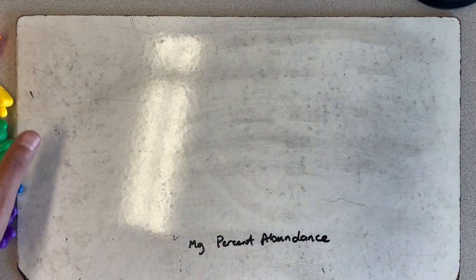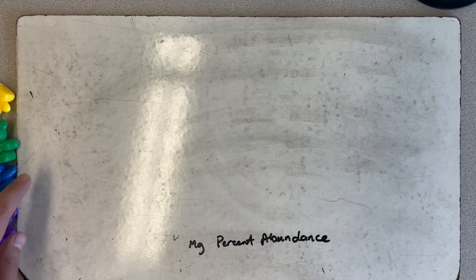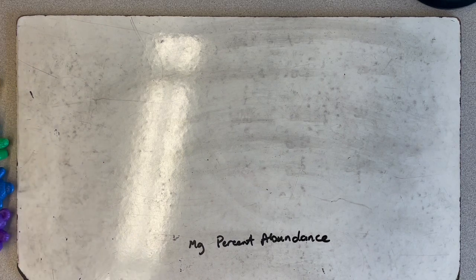So if I have magnesium, I would need to find some way to figure out, unlike with the bears, which are tangible and I can see and count, elements are harder to come by in terms of being able to see things, especially if they're gases. How do I know how many metals there are in the world? So we use something called a GCMS, or a mass spec, and what that machine does is it sorts a bunch of atoms by their mass, and then it counts them.